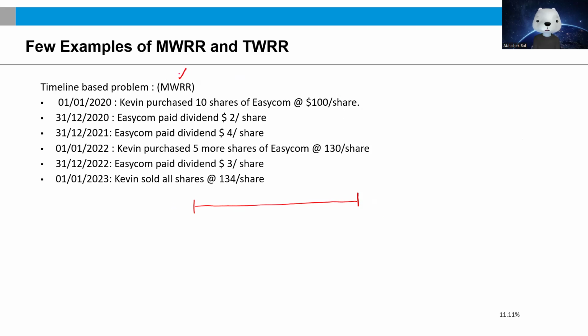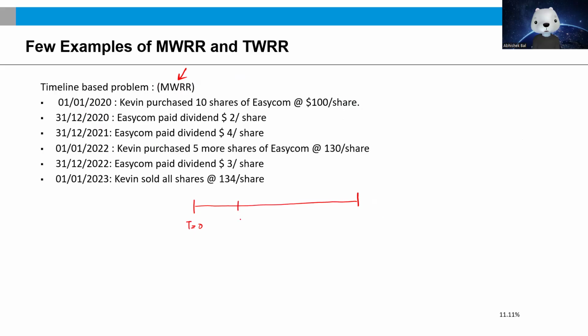We have to calculate the money weighted rate of return for a given investment. And how many timelines are being given? Well, if you think of it, all put together, we have 1, 2, 3, 4.